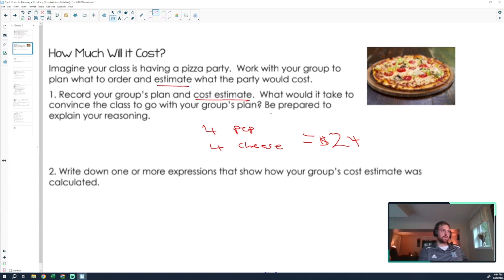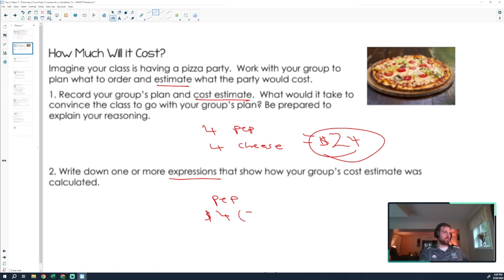All right. Now, if we come up with $24, or any price, what's an expression that can show how we calculated that? I'm kind of ignoring number 1, but let's say we get some pepperoni pizzas, and the pepperoni pizzas are $4 each.